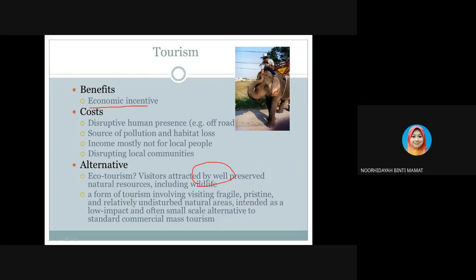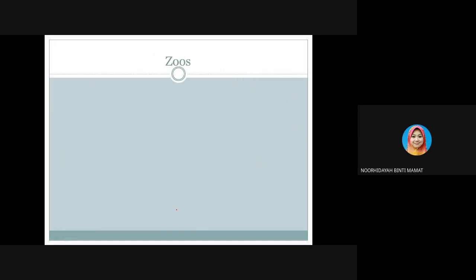This is intended as a low impact and often small scale alternative to standard commercial mass tourism. So we need to face all of these costs, and we need the alternative, which is ecotourism, compared to standard commercial mass tourism. Then we move to the zoos.